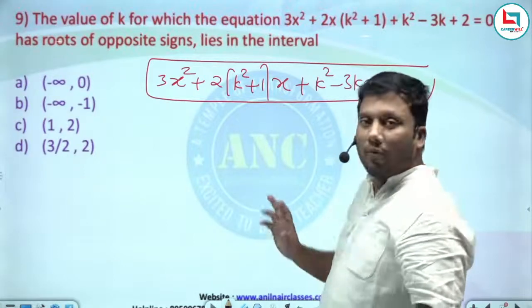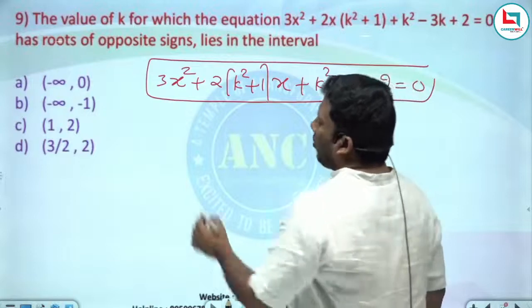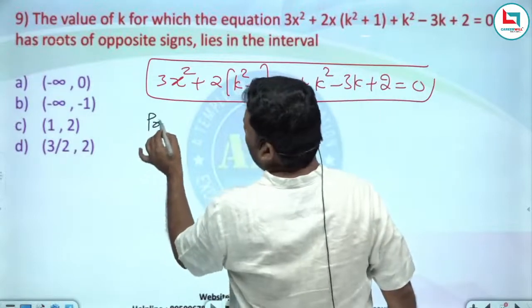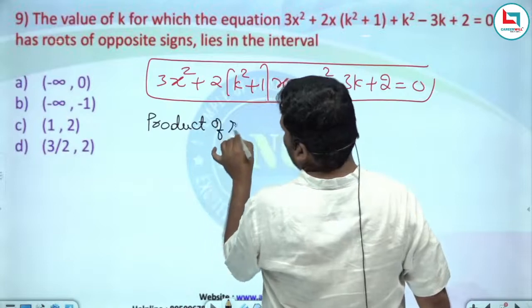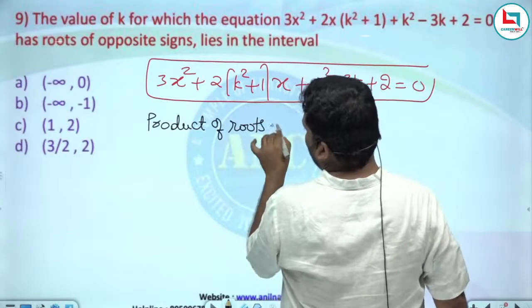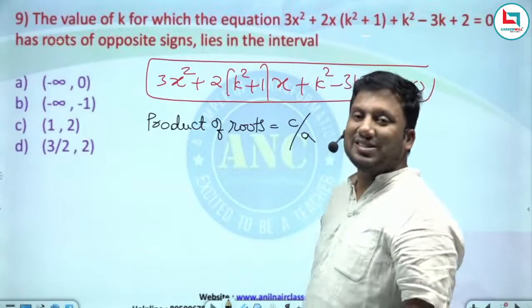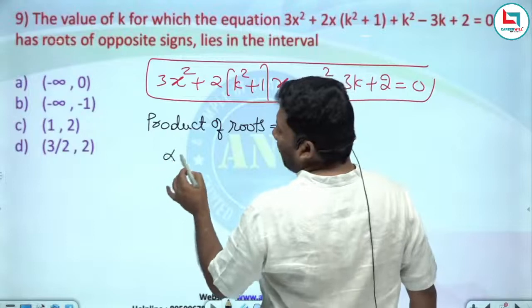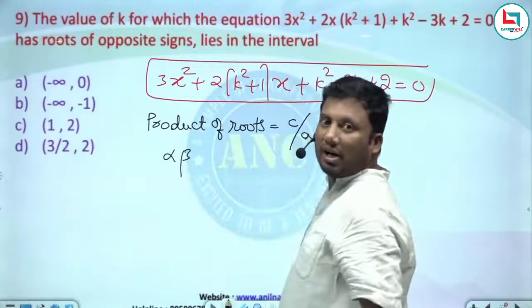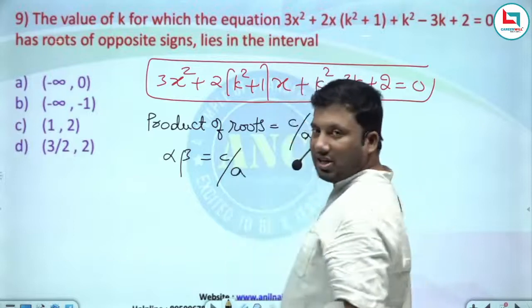Now see here. What is mentioned is that it has roots of opposite sign. Suppose I take the product of the roots. For a quadratic expression, the product of the roots is given by c by a. If the roots are alpha and beta, the product of the roots is alpha beta, which is c by a.